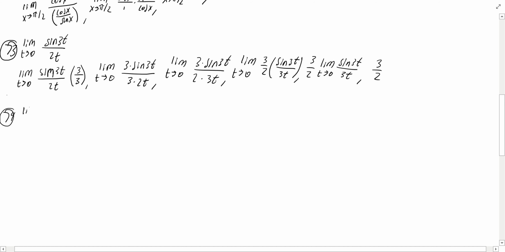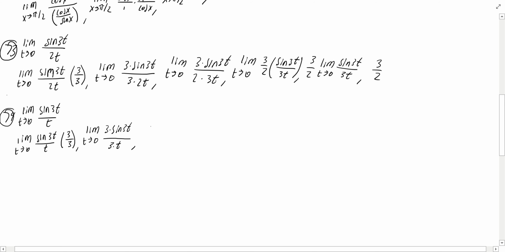And so in 79 we have the limit as t goes to 0 of the sine of 3t over t. And so now what we're going to do is we're going to say the limit as t goes to 0 is the sine of 3t over t, and we're going to multiply this by 3 over 3, like so, and we're going to get that this is really the limit as t goes to 0 of 3 times the sine of 3t over 3 times t, which is just really 3t.